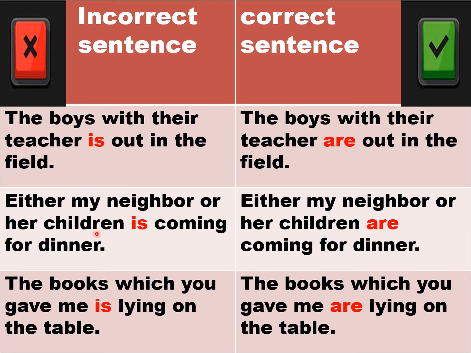The rule is, if one subject is singular and the other is plural, and the words are connected by or, nor, neither nor, either or, not only but also, use the verb form of the subject that is nearest the verb. Children is the word nearest to the verb is, and this is plural. So we must use the plural verb are. Either my neighbor or her children are coming for dinner.